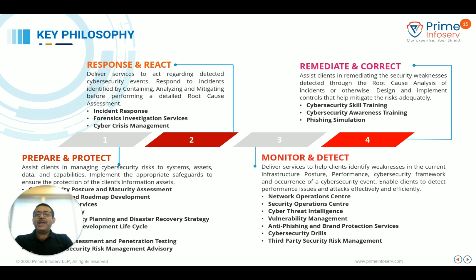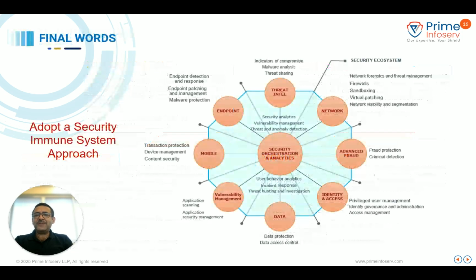Fundamentally, this is the philosophy, as I mentioned on the earlier slide. It comes from the NIST framework, where we try to detect the possibilities, the vulnerabilities, the anomalies. Accordingly, we prepare our defense mechanism, and accordingly we remediate. This goes on as a continuous life cycle.